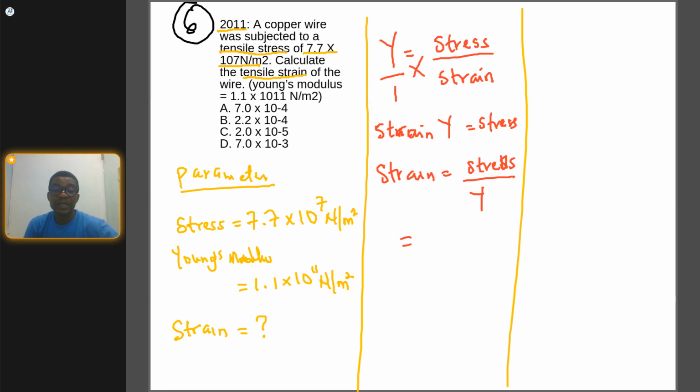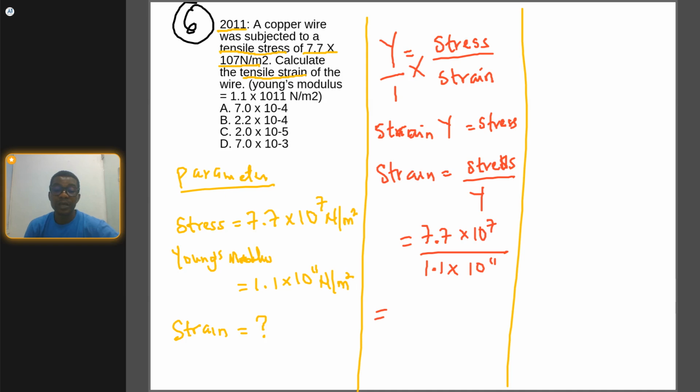So the tensile stress is given to be 7.7 times 10 raised to power 7, all divided by the Young modulus value. The Young modulus value is given to be 1.1 times 10 raised to power 11.